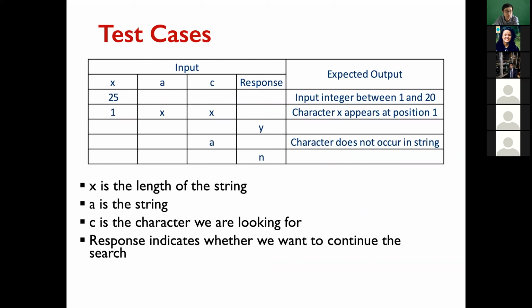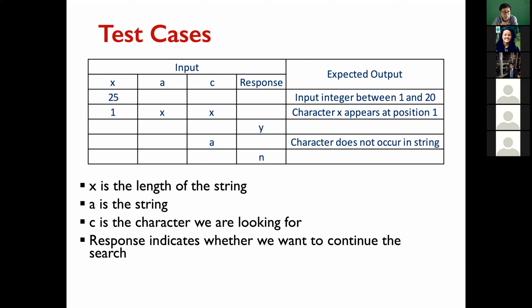Okay, so first, if we input 25 to x, the output will be "input integer between 1 and 20", because we only accept input between 1 and 20, so 25 is not correct. Then we input 1 as the length, and when you input x, it's okay. The size of the string is 1, and the string itself is x.